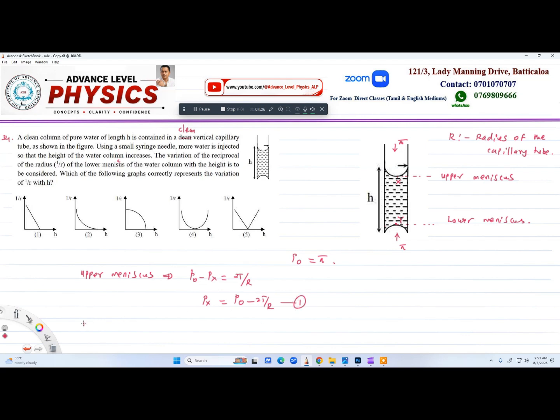Similarly, for the lower meniscus, the pressure difference: P naught is the highest one, and this is the lowest one. So P naught minus Py is equal to 2T over r, the radius of the meniscus.